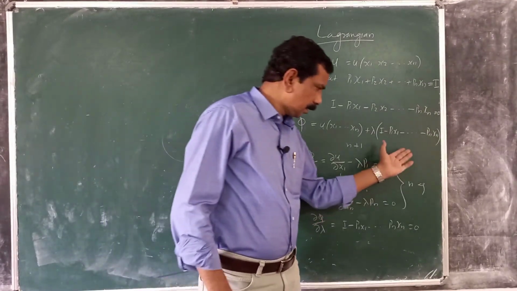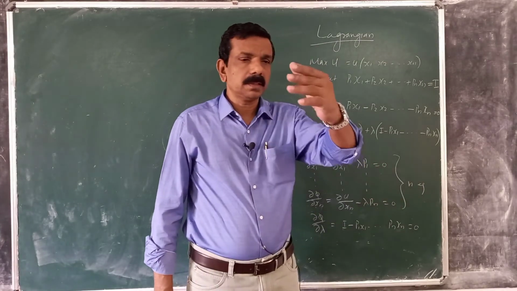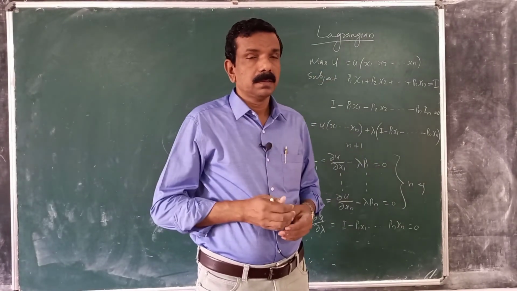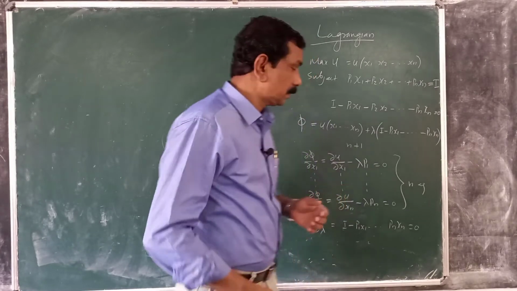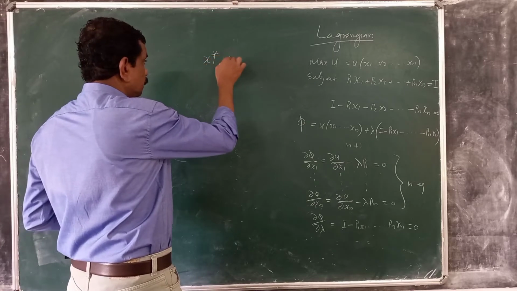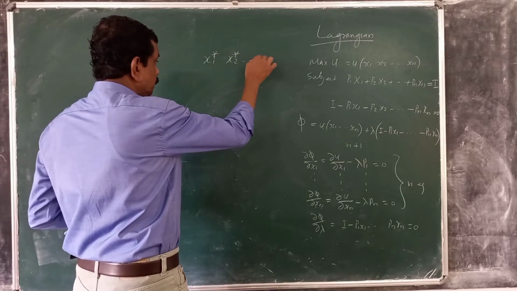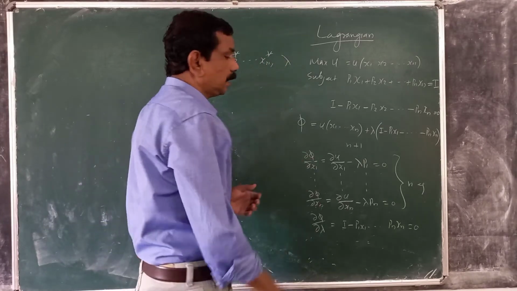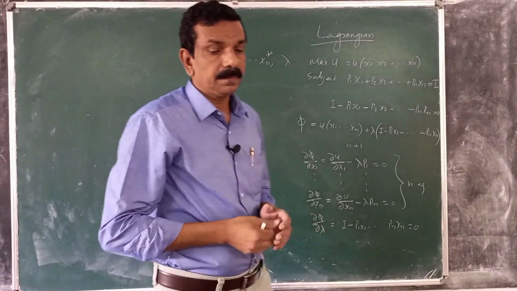These n plus 1 equations can be solved for n plus 1 unknowns and will give you the optimum quantities x star 1, x star 2, etc., x star n, and also the value of lambda.